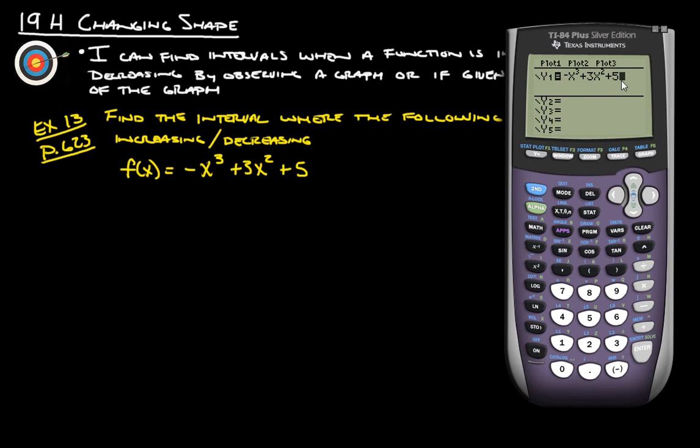So here's the equation, the function. I'm just going to do a zoom standard and see what this thing looks like. So there's our graph. Basically what we want to do is just find the minimum there and the maximum there, and we just have to find the x values of each of those. So second, calculate, let's find the minimum.